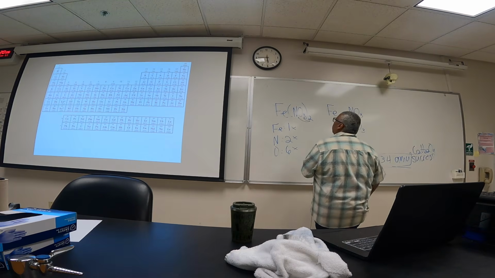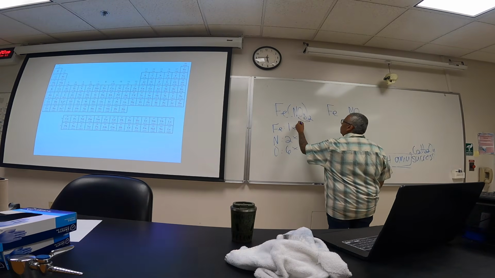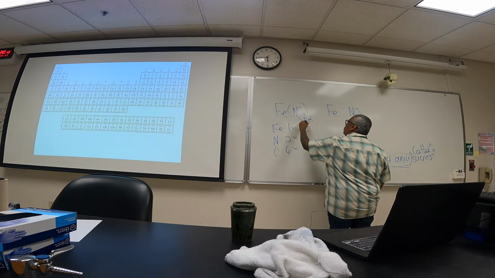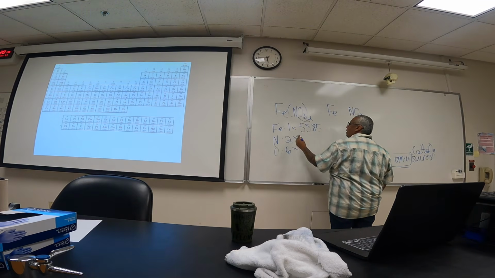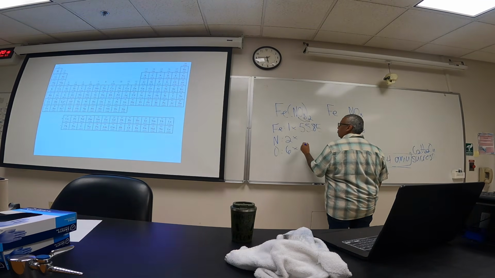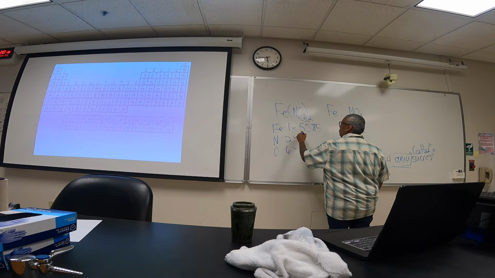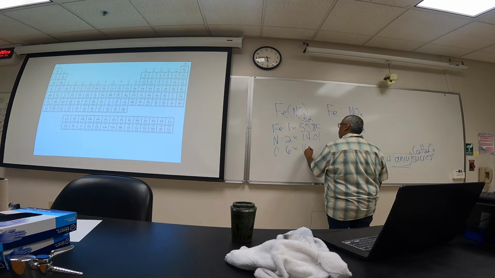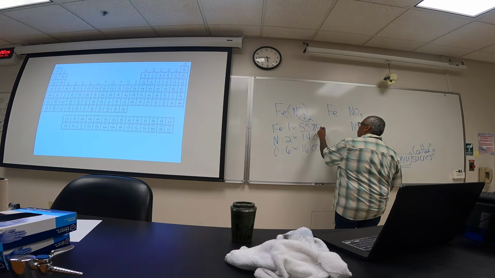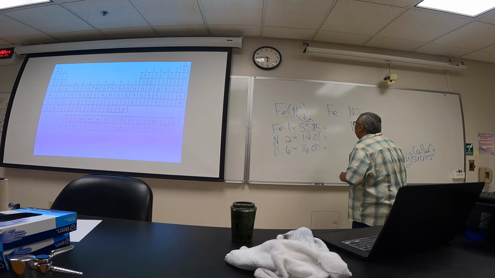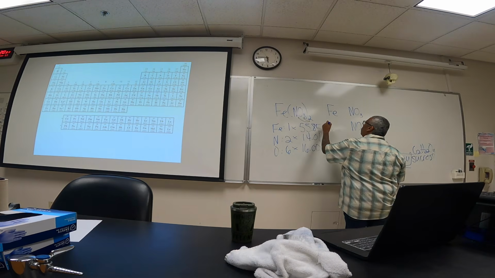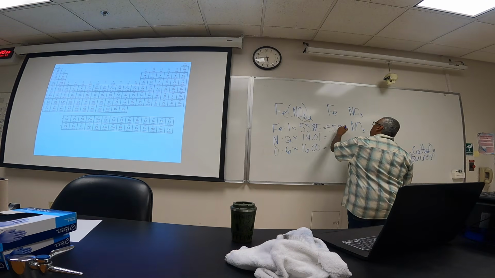So what is the mass of iron from the periodic table? 55.85. The mass of nitrogen? 14.01. And oxygen we just did, which is 16.00. So we will just do the math on that. One at a time, 1 times 55.85, we don't need anything for that.